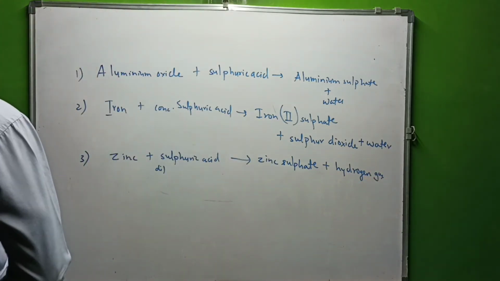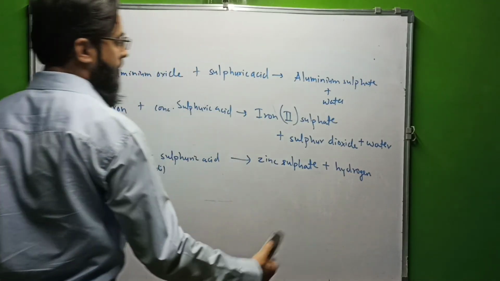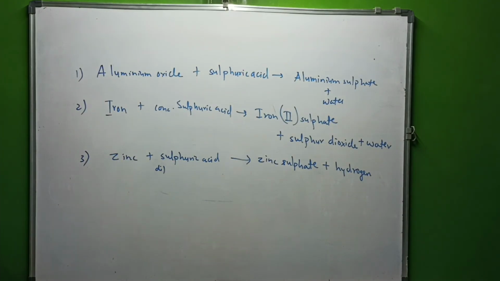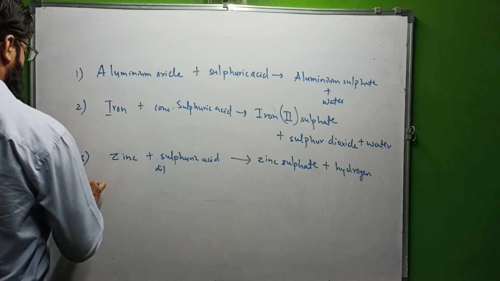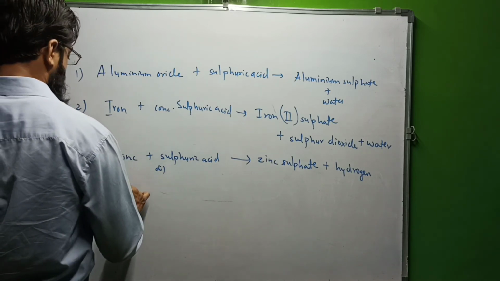Or you can just write, whenever it is hydrogen, it means hydrogen gas. Now ammonium chloride, ammonium hydroxide.